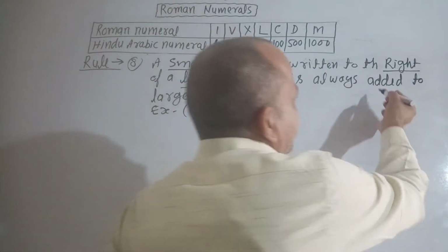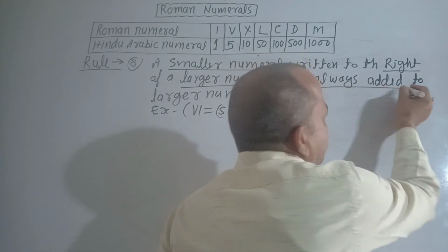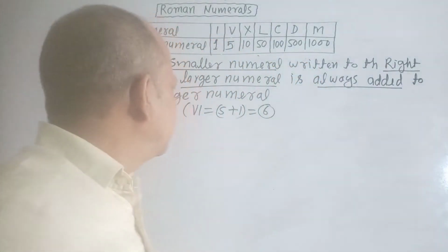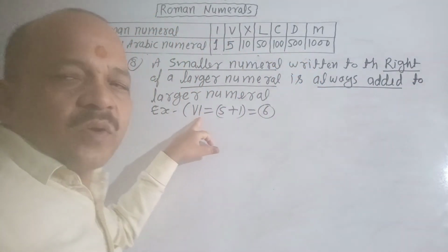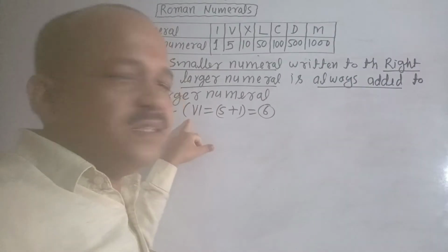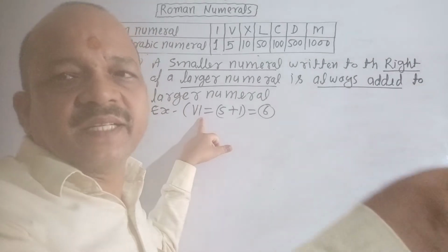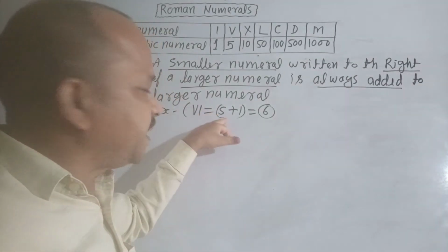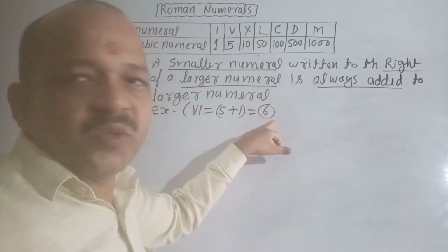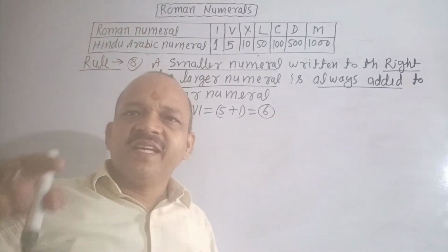It means always added. Here I is smaller, V is larger, I is on the right side. So you add it. 5 plus 1 equal to 6.